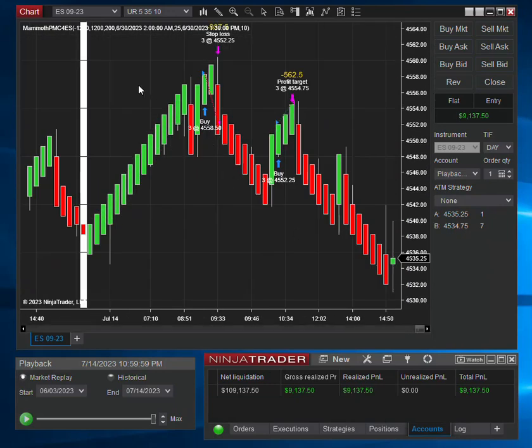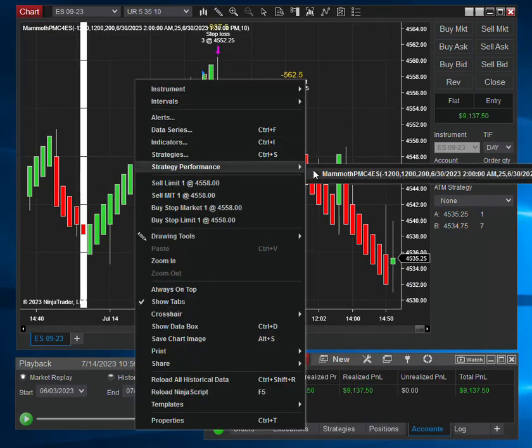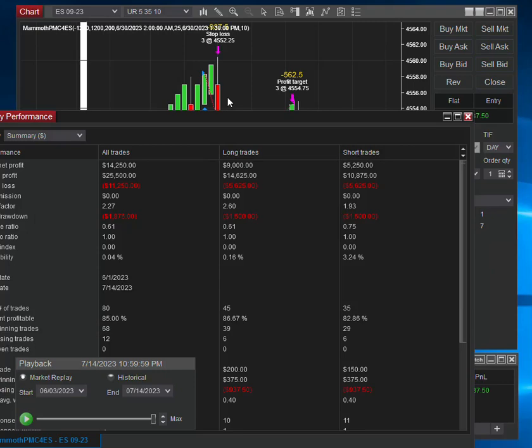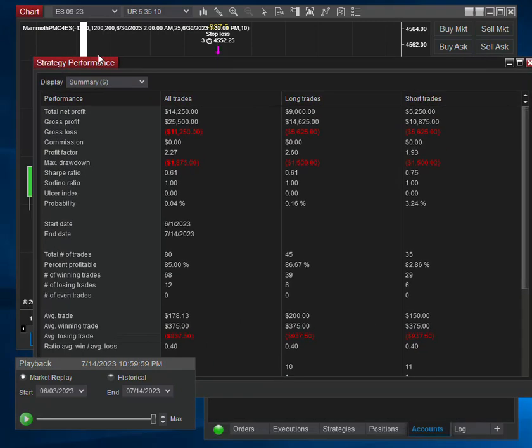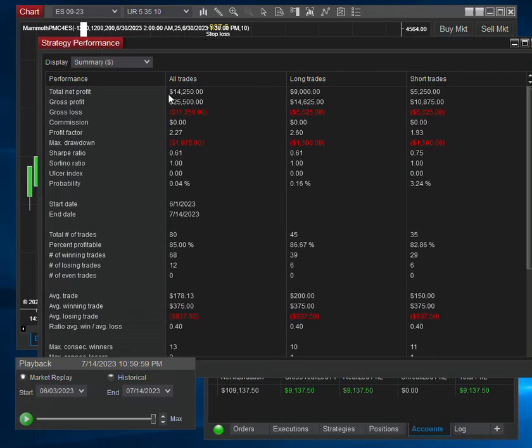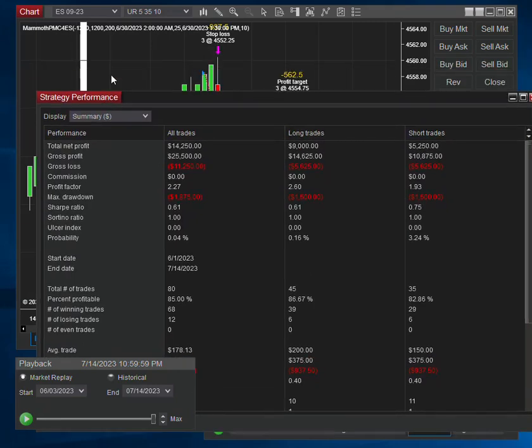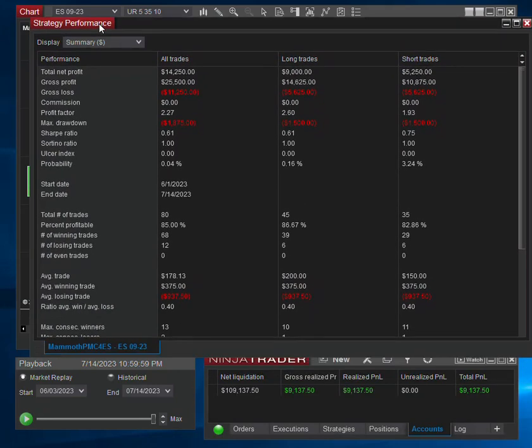Let's go back to the strategy performance, and you see that the number changed. It's because when you run the backtest, some of the data is not real market data, and it's just printed based on the chart's look and the bar settings, so it's off by almost 3 grand.